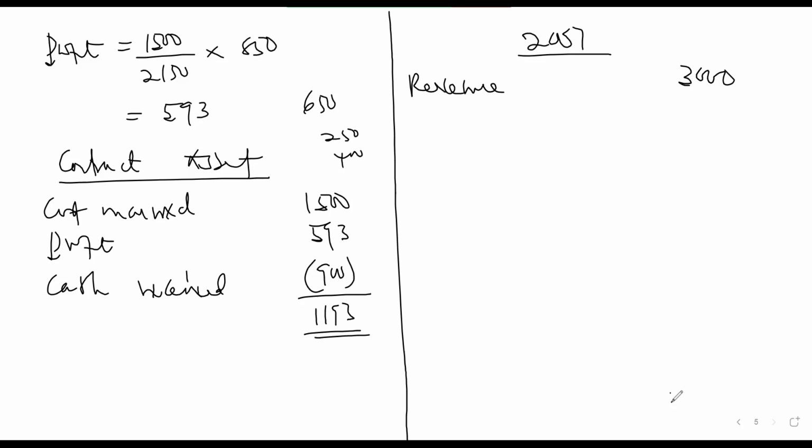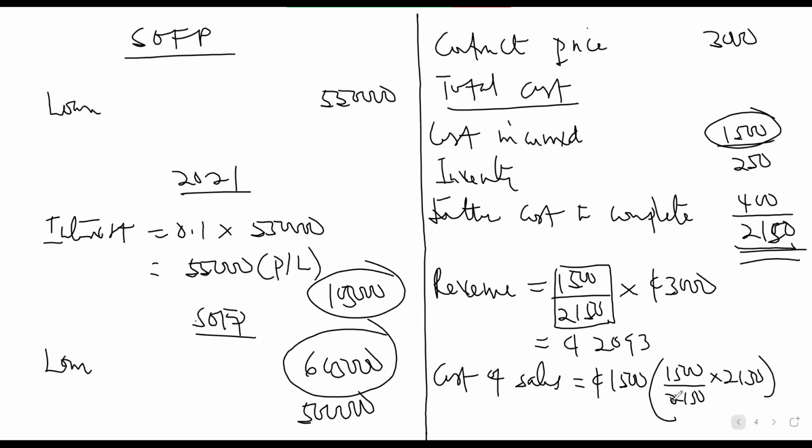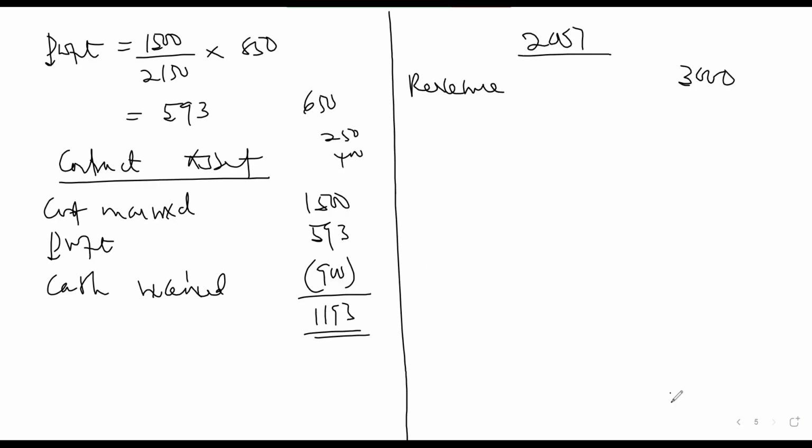But out of this 3,000, how much was recognized in the previous year? Is it 2,093? Yes. So out of this 3,000, we have recognized only 2,093 already. It means that we only have to recognize the remaining portion. So sometimes if you are finding the revenue on total basis, you will just be looking for the increase. It's just like a provision. The total revenue for the contract is 3,000.